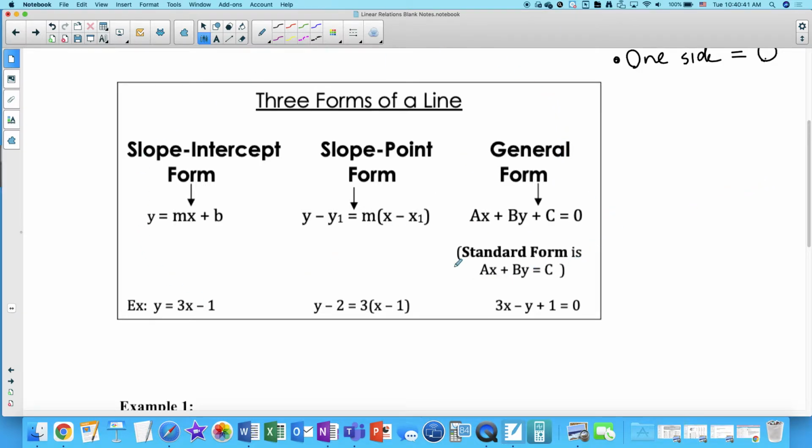There's another form that's related to general called standard form, where the only difference is that one side is not 0, the one side is equal to the constant, is for a couple of reasons. And I would say the biggest one is what we're going to start to look at in our next unit, which is systems of linear equations, which is where you're managing several linear equations at once.